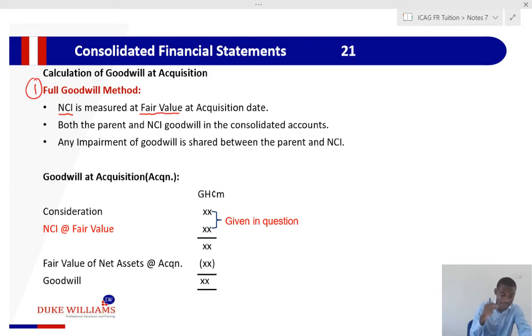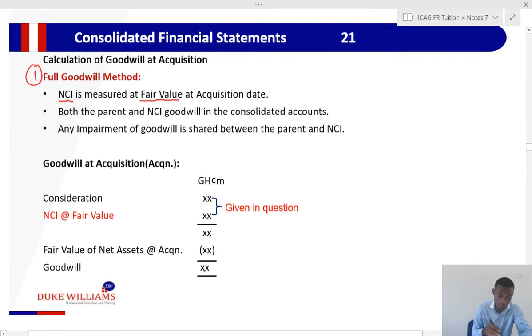And that if there is any impairment of the goodwill, it will be shared between the parent and the NCI. So just an extension of the pro forma. What you see here is the consideration, NCI at fair value, less net asset, we have goodwill. And like I've indicated here, this information will always be given in the question.